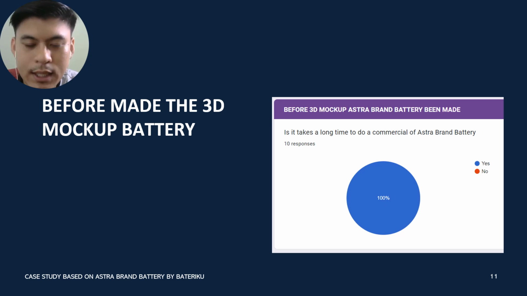As we see in this figure, this is from before the 3D mockup Astra band battery was made. The first question: does it take a long time to do a commercial of the Astra band battery? All 10 respondents say yes. The second question: does it cost more to do a commercial of the Astra band battery?